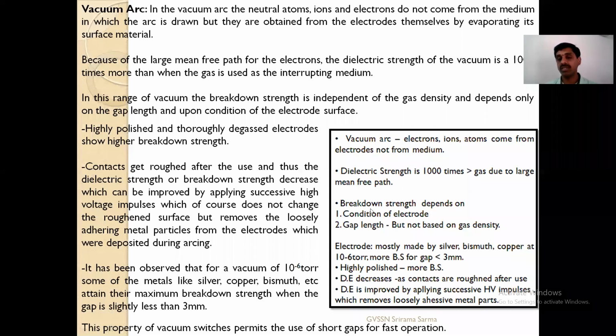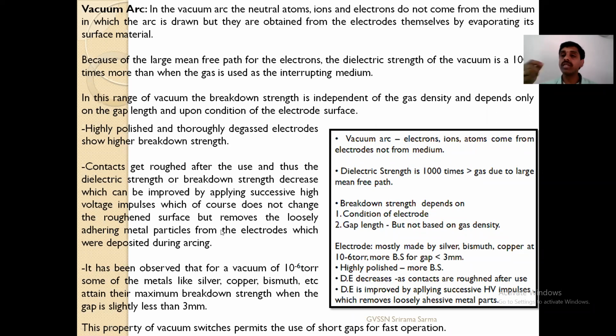One more thing you have to understand: if the contact is very smooth, a highly polished contact, then it has high breakdown strength. Highly polished and thoroughly degassed electrodes show higher breakdown strength.